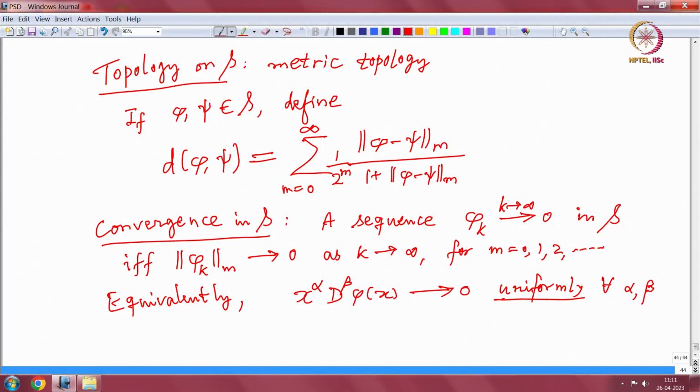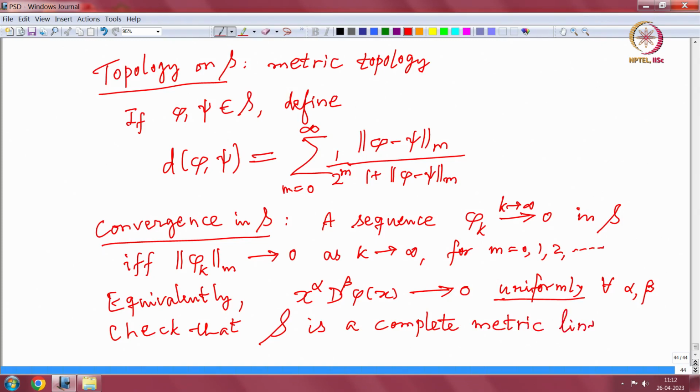Okay. And with this thing you can also check that, this is important for us, completeness. S is a complete metric space. So, it is a topological vector space where topology is given by a metric.